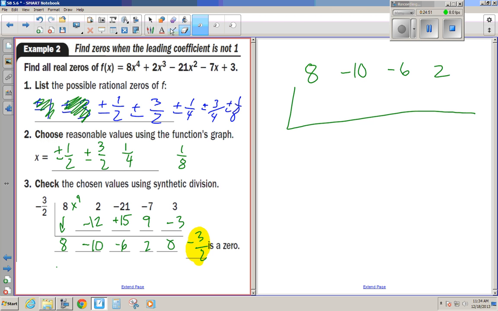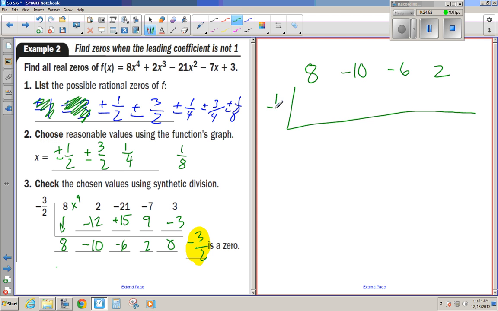So let's try negative 1/2. All right, let's see if negative 1/2 is a solution. Drop down the 8. Half of 8 is negative 4. Negative 14. Half of 14 is 7, gives us a 1/2, and does not work.